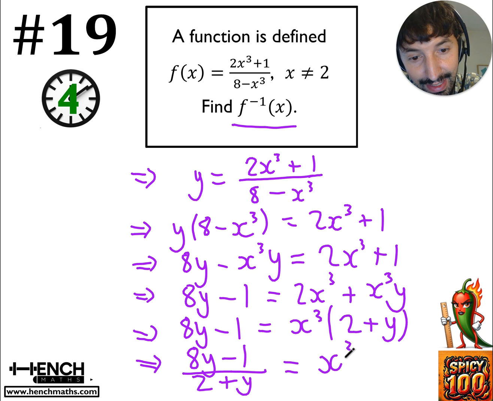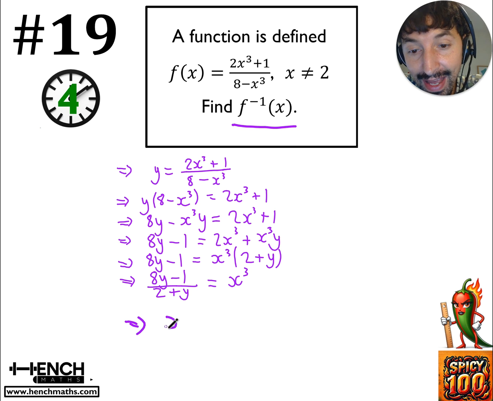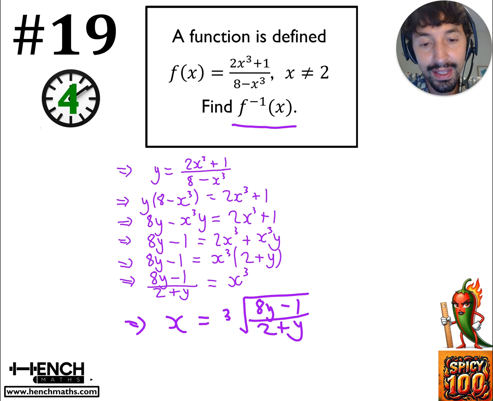So we very nearly made x the subject. So that means x will be equal to the cube root of (8y subtract 1) divided by (2 plus y). And now we've rearranged it to make x the subject.